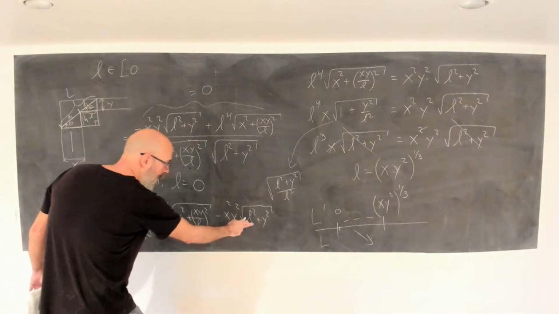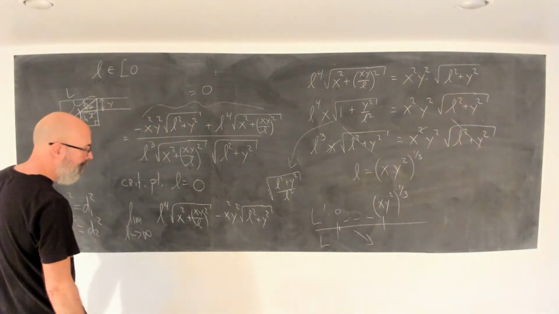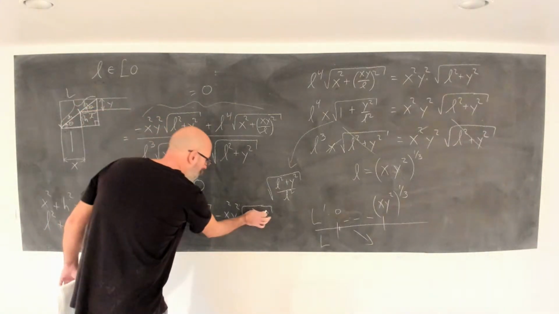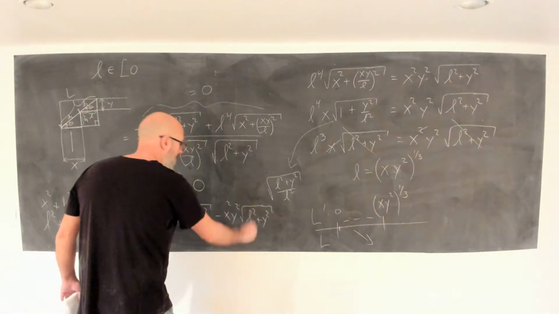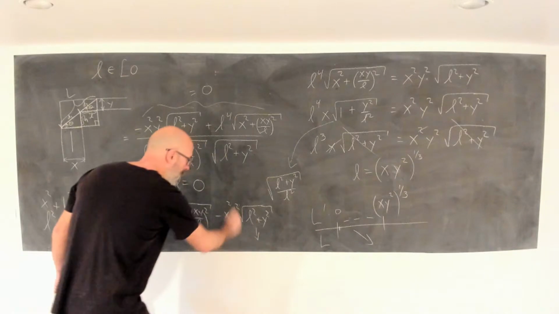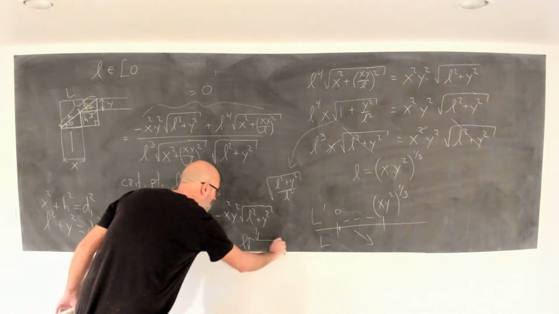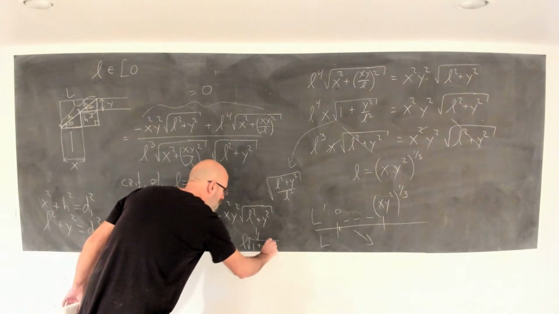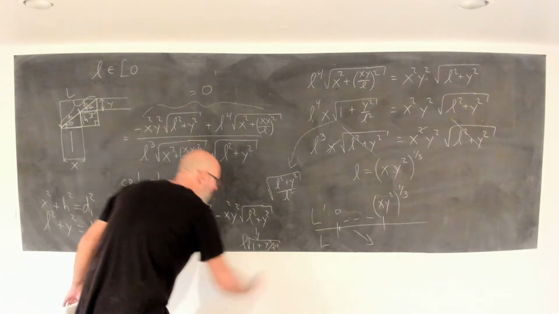Factor out an L from here. Can I rewrite this as L times the square root of 1 plus y squared over L squared?